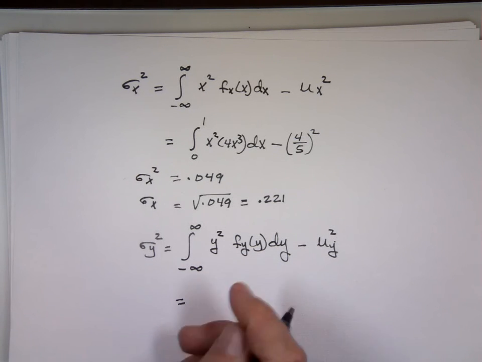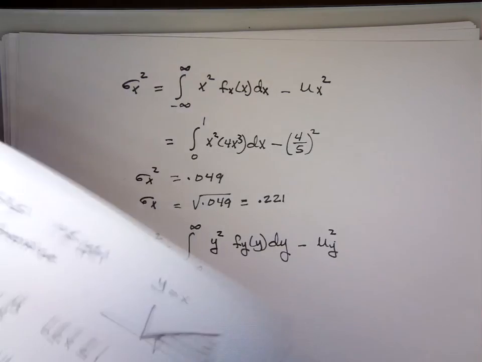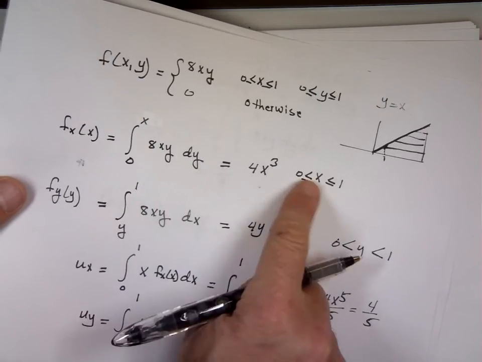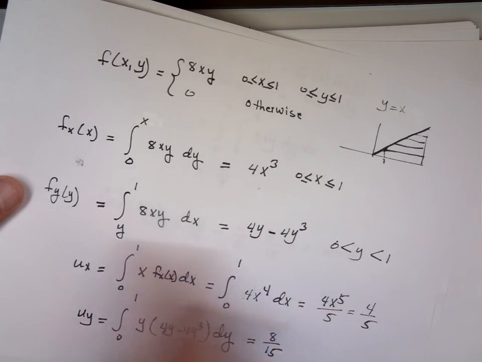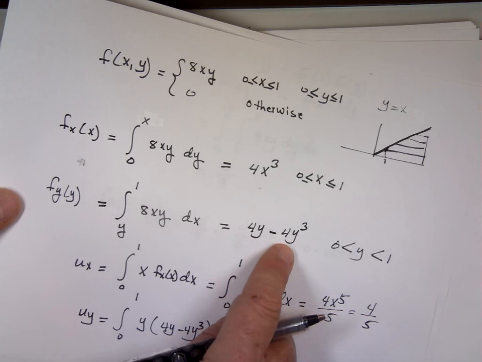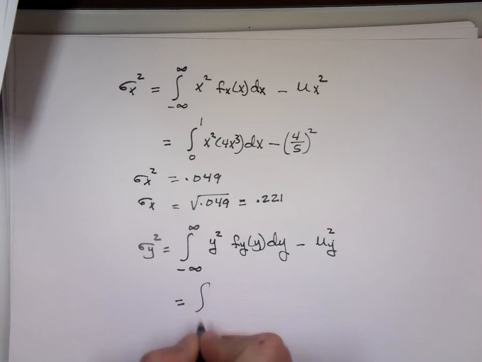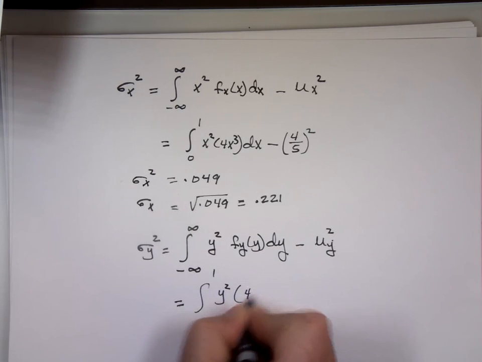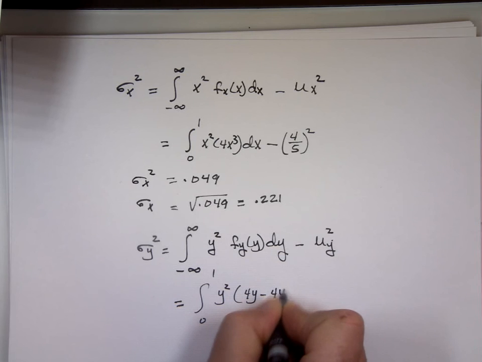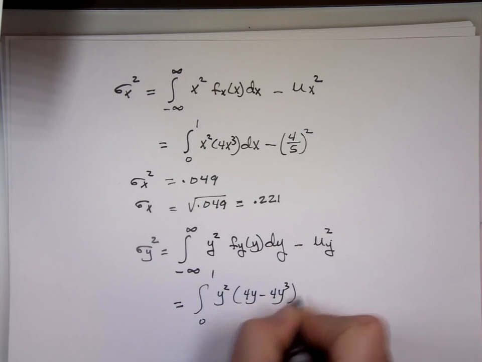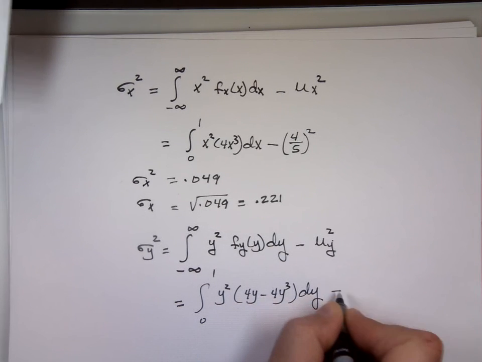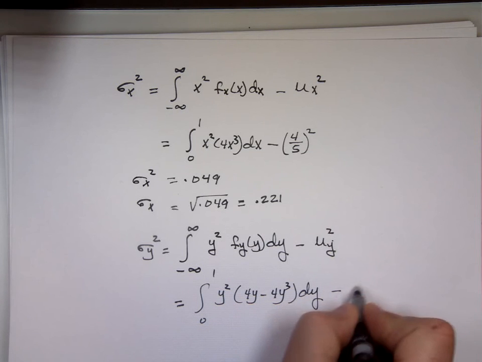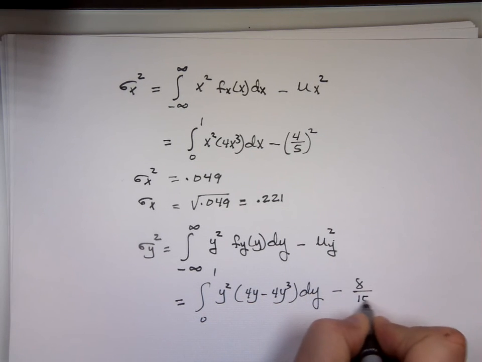We find f of y from 0 to 1, and what is it? Right here, 4y minus 4y cubed. And what was mu y? 8 over 15, squared.